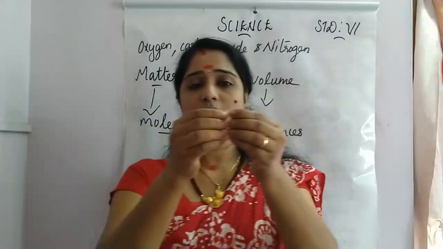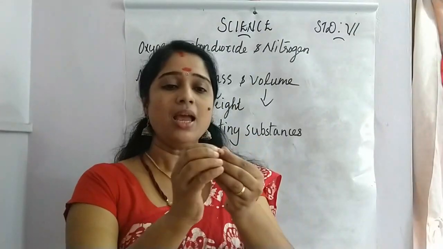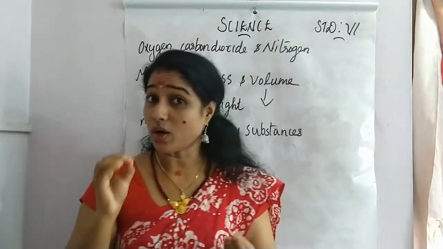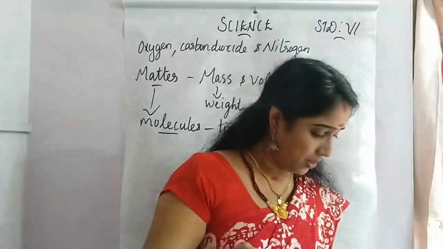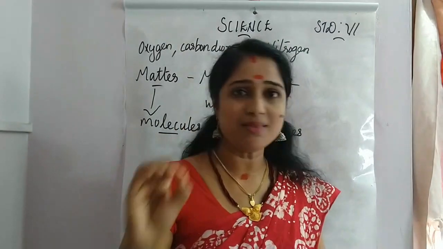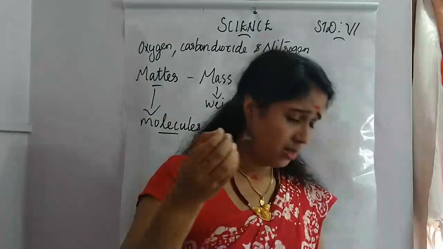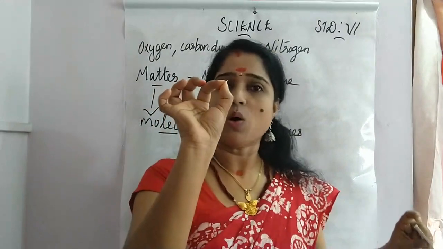In a small piece, again I can tear this and make it into smaller pieces. And even the smallest piece also has got the properties of paper. When I tear the paper, the smallest piece doesn't become wood or plastic or metal. Hope it is clear. This is a paper. When I tear the paper, it becomes the smallest thing.